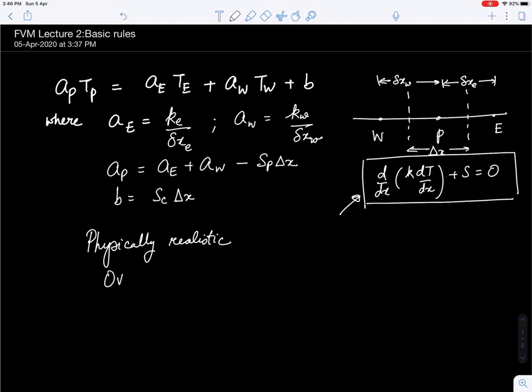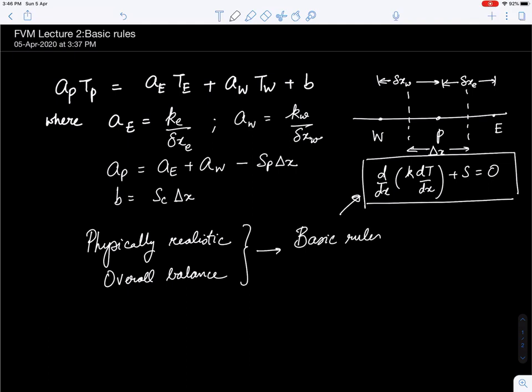And the second aspect that we wanted to achieve was to have an overall balance. So what I want to discuss today is how we achieve both of them, and what are the rules that we need to consider to satisfy both these aspects.